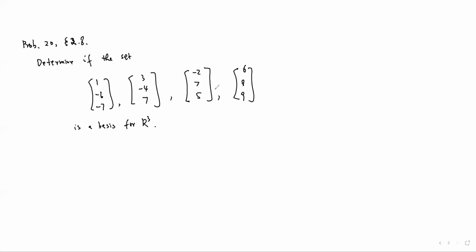One of the 4 vectors linearly depends on the other 3, so we can drop one. This set may be a spanning set of R3, but not a smallest spanning set. 4 vectors, not a basis.